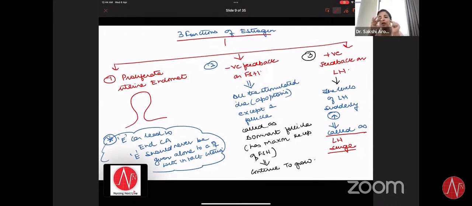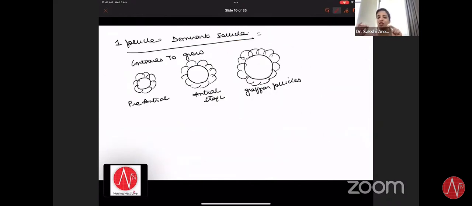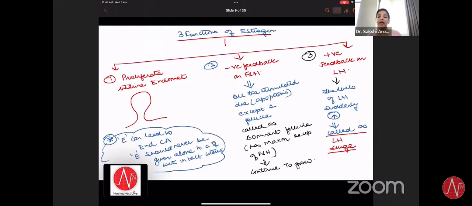And in the ovary this follicle is growing bigger and passing through various stages, like preantral, antral and Graafian. Simultaneously, estrogen had a positive feedback on LH, because of which the levels of LH had suddenly increased, which was called LH surge. Now are you getting it?